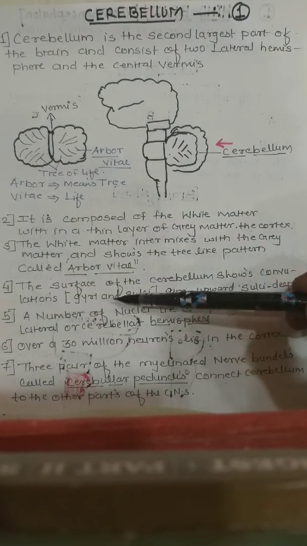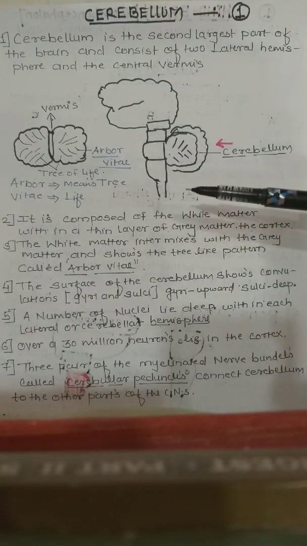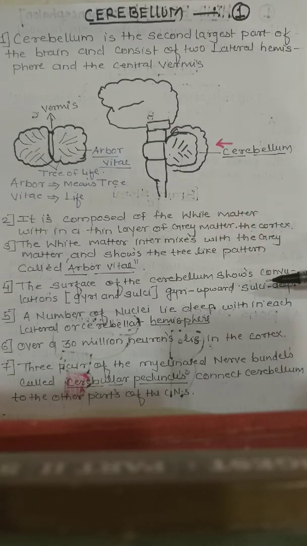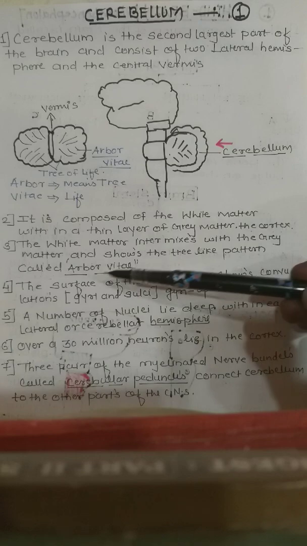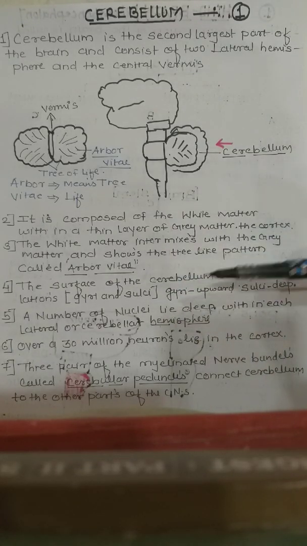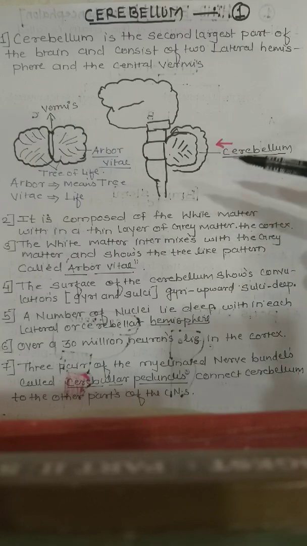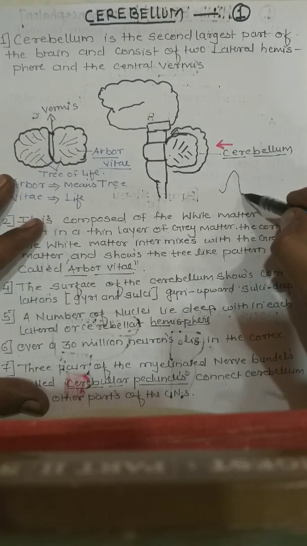The surface of the cerebellum shows convolutions of gyri and sulci. As you know, we have discussed gyri and sulci in the cerebrum. Gyri means upward projections, and downward projections are called sulci.